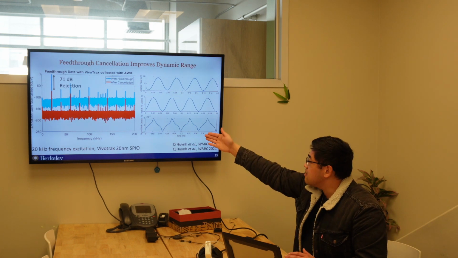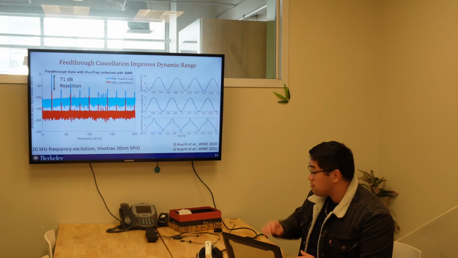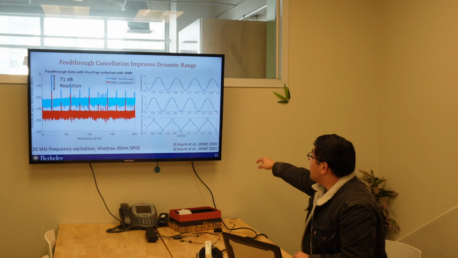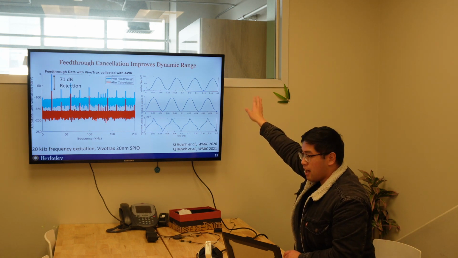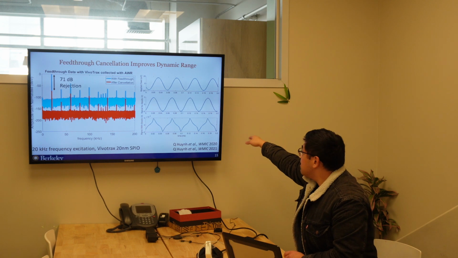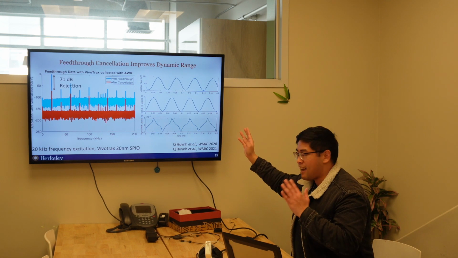On the left, you can see in the frequency domain where everything just shifts down. And on the right, you can see in the time domain where the top waveform is our applied field, just a perfect sinusoid. This middle waveform is the signal with the feed-through and a particle signal.